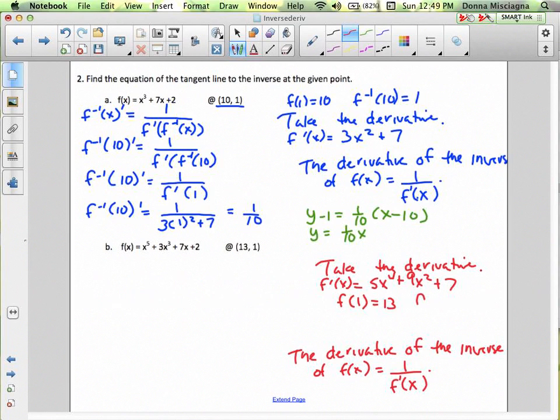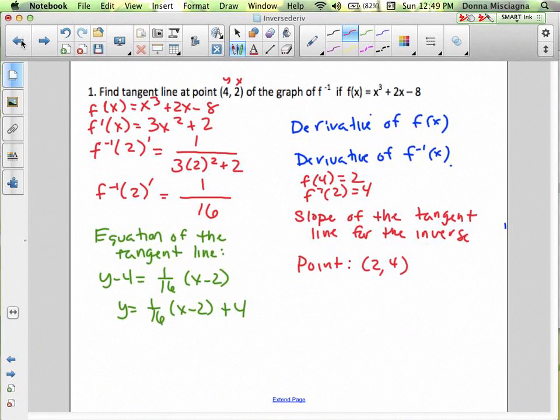That would be f inverse of 13 equals 1. All right, we'll go with that being on the inverse. From the statement of the question, it wasn't quite clear. Same thing on the other one. It wasn't quite clear whether they're giving a point on the inverse or a point on the function. The same thing here.